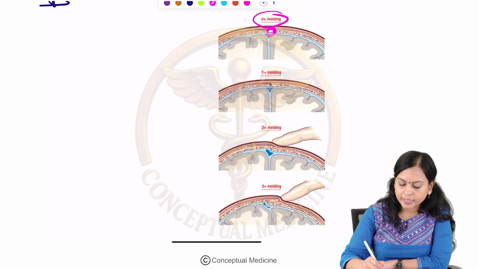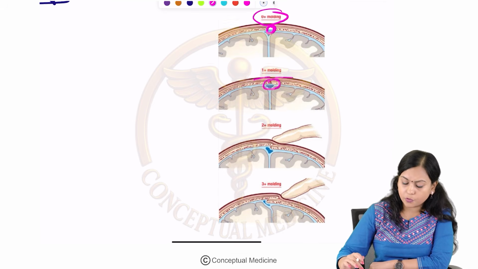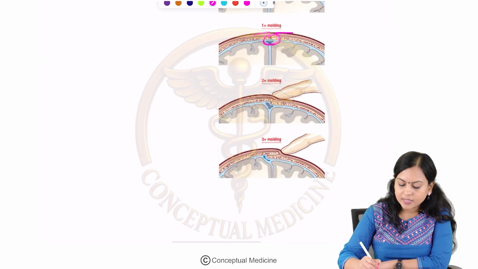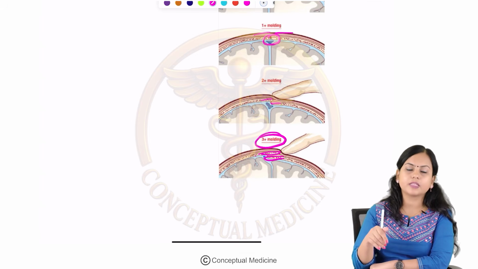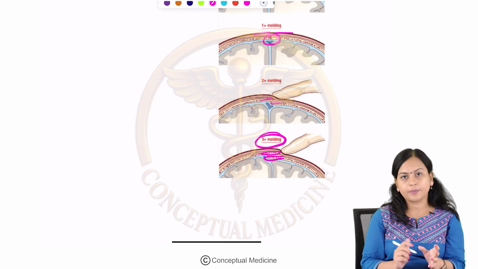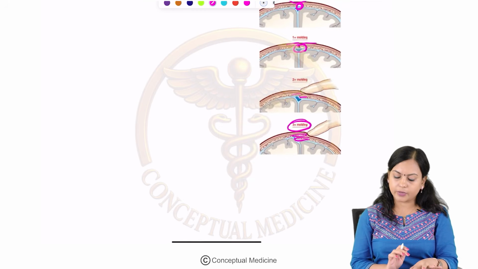And 1 plus molding means the bones are coming and opposing each other. Okay. And in 2 plus molding, there is overlapping of the fetal skull bones, but if you give some pressure, they will separate easily. And in grade 3 molding, this overlapping is so significant that even with pressure, the bones won't separate. Understood? Okay.